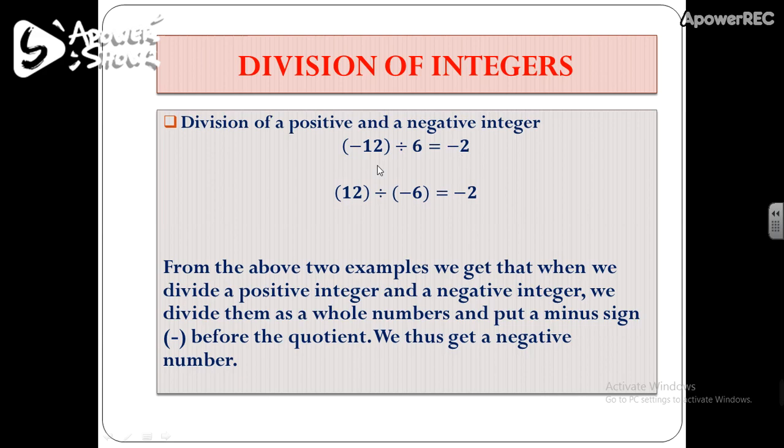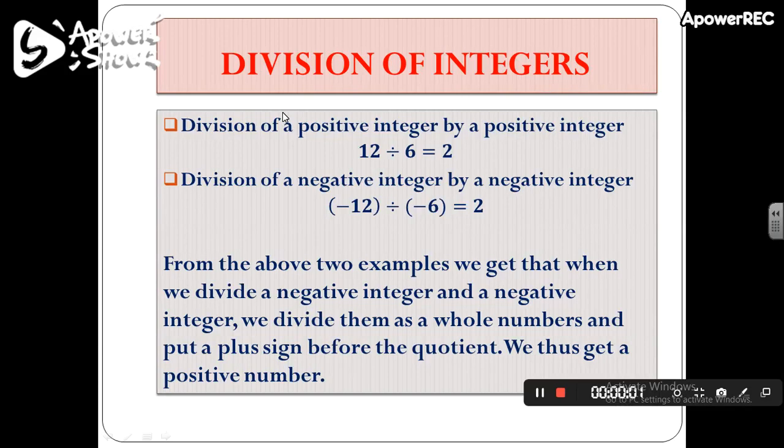So in this case we are going to get a negative number. So whenever we are dividing a positive number by a negative number or a negative integer by a positive integer, the result which we obtain is a negative integer.